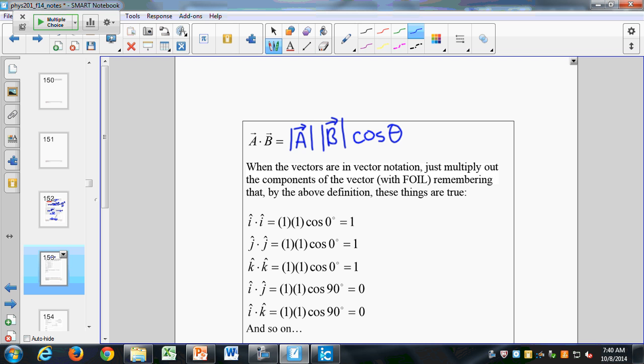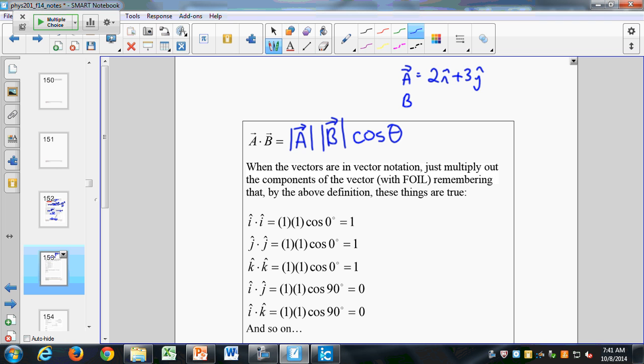And that takes that component of the second vector that's in the same direction as the first vector. Now, if they're in vector notation, and I'll do an example like this in just a bit, you just multiply out the components of the vector. So let's say, for example, I had two vectors. I had the vector A was equal to 2i plus 3j.